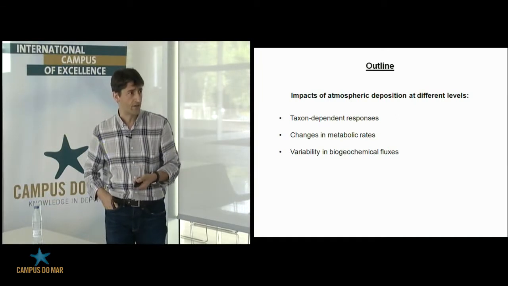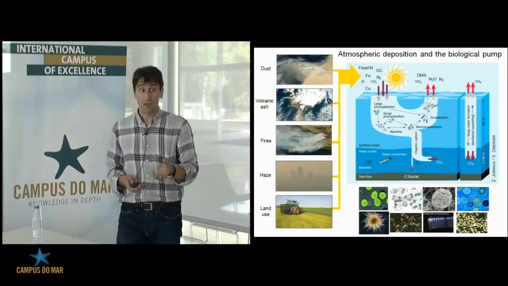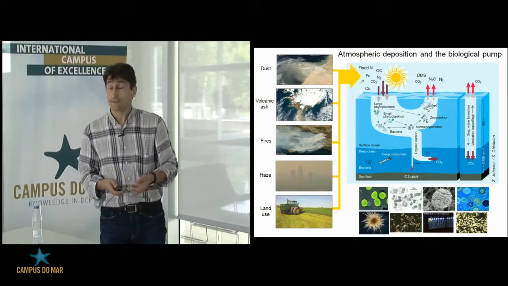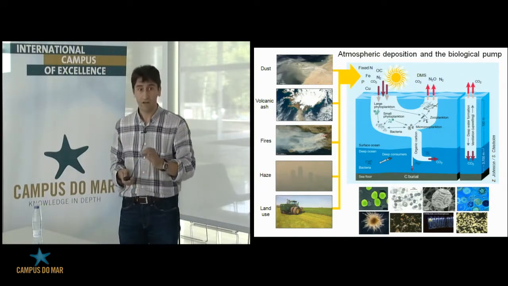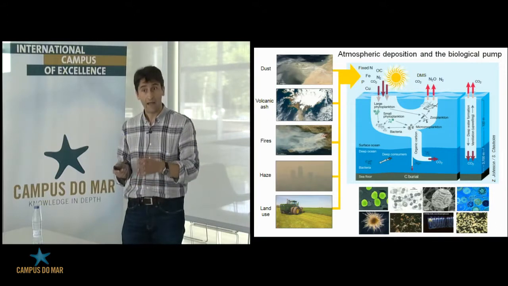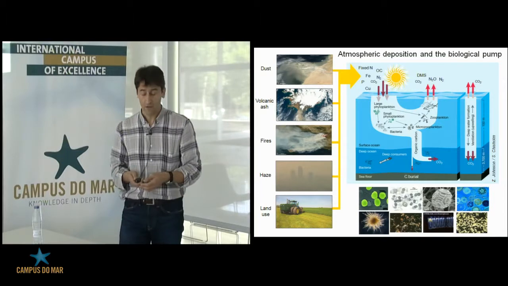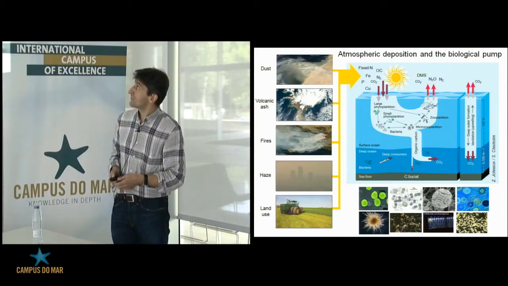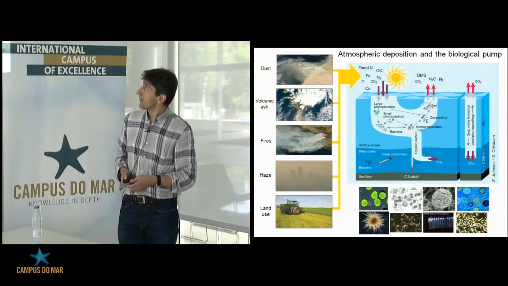Here, you can have inputs of iron, phosphorus, nitrogen, but also potentially toxic components such as copper, for instance. So we are interested in understanding this connection between land ecosystems and ocean ecosystems through the atmosphere, whereby different nutrients can potentially affect the biological pump.